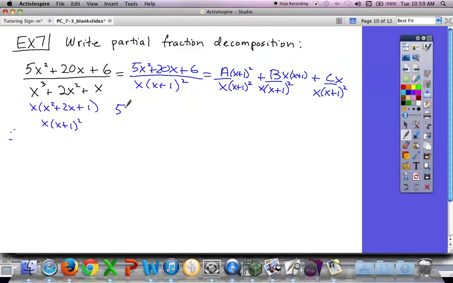5x squared plus 20x plus 6 equals, now this is going to be A times (x squared plus 2x plus 1), right?